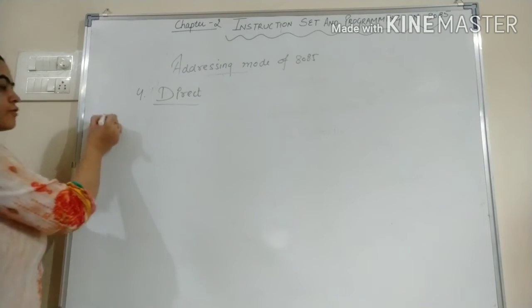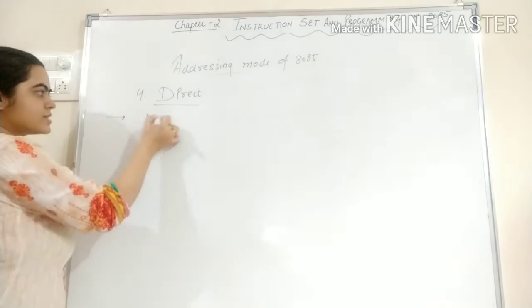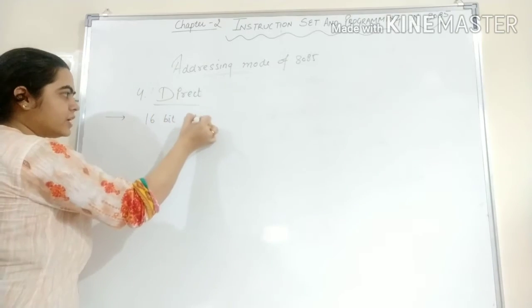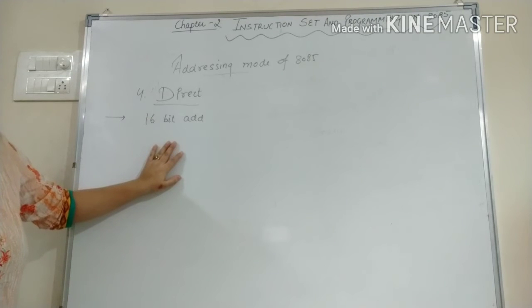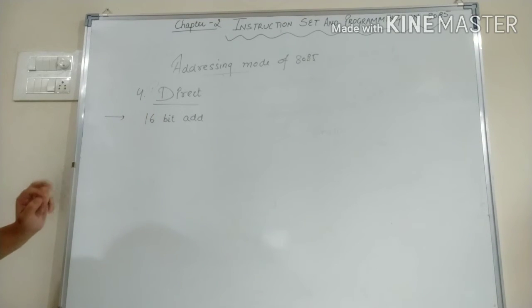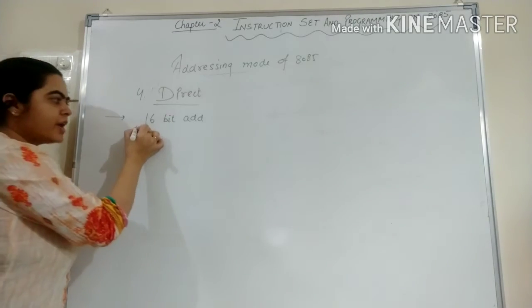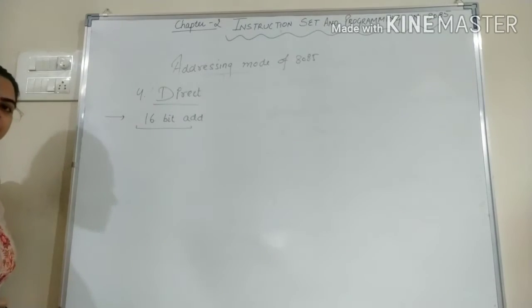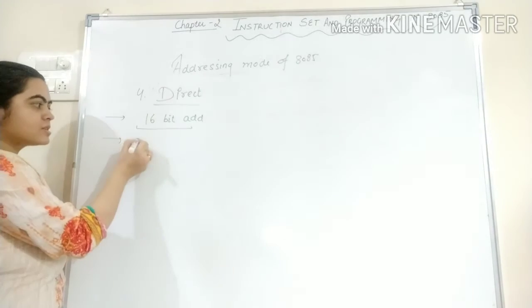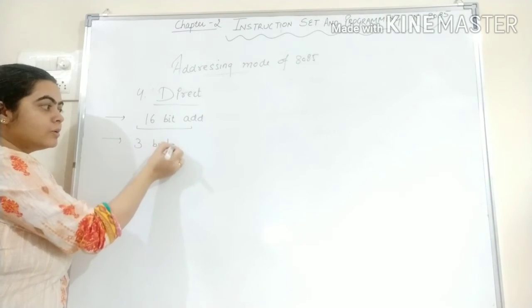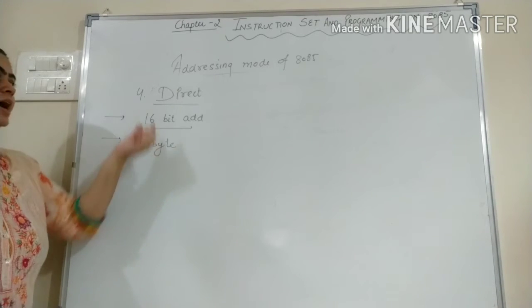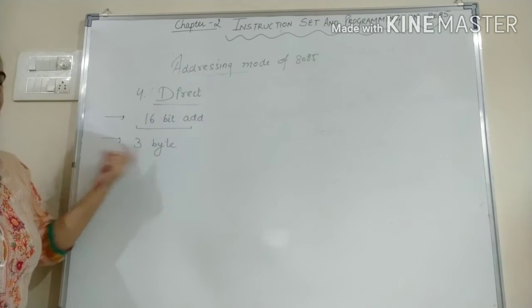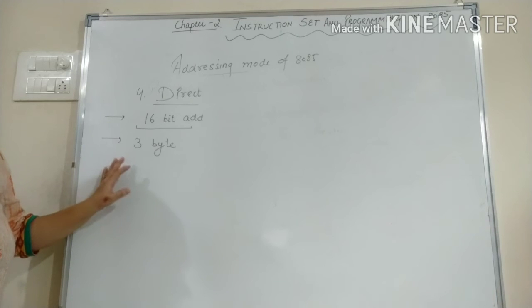In direct addressing mode, a 16-bit address is given in the instruction, and then we can call that instruction a direct type of instruction. If in any instruction a 16-bit address is given, that means the instruction is of 3 bytes. So the instructions that fall under this addressing mode are basically 3 byte instructions.